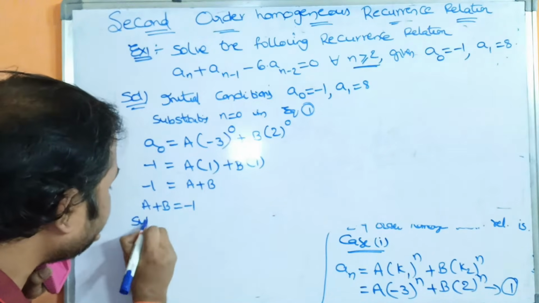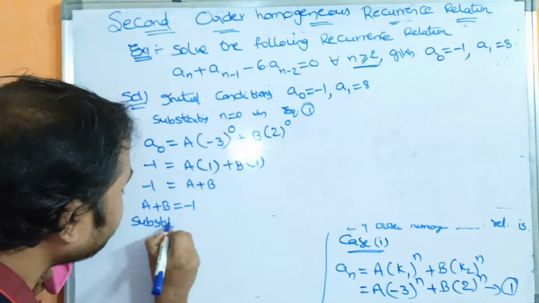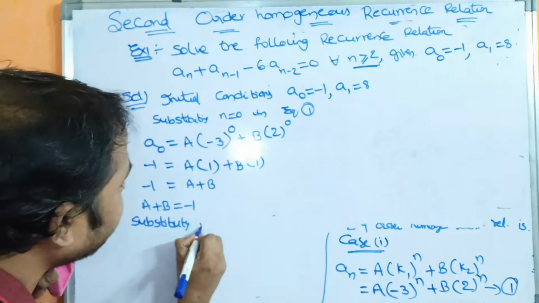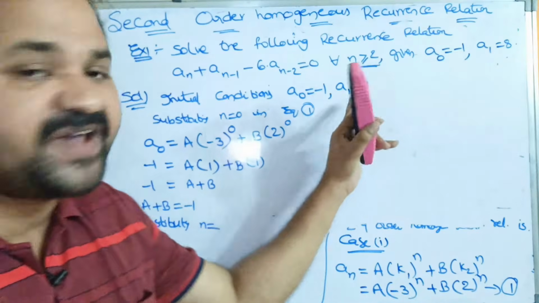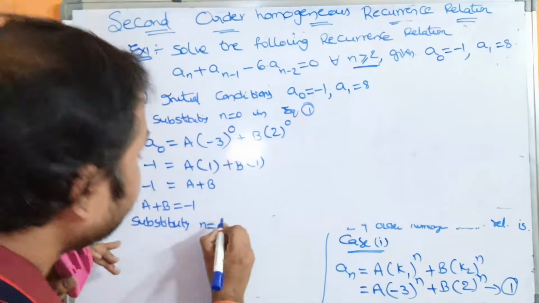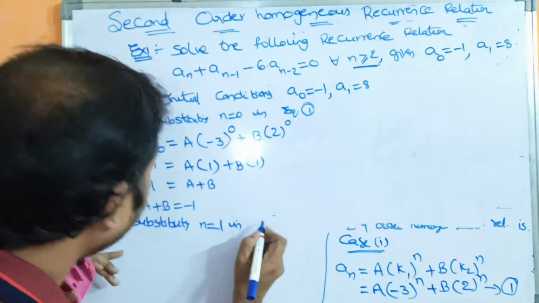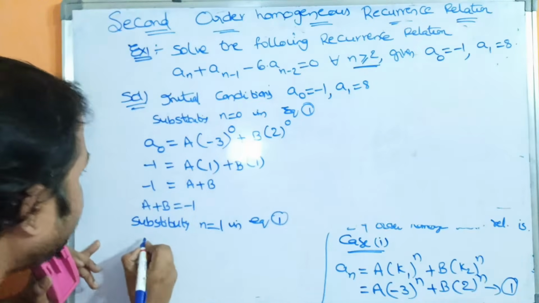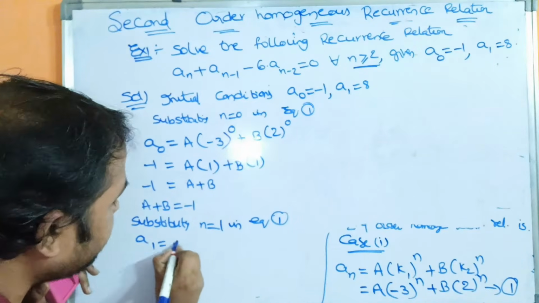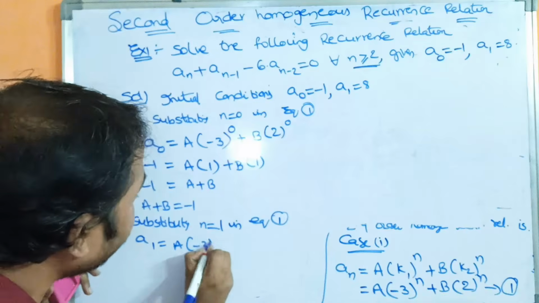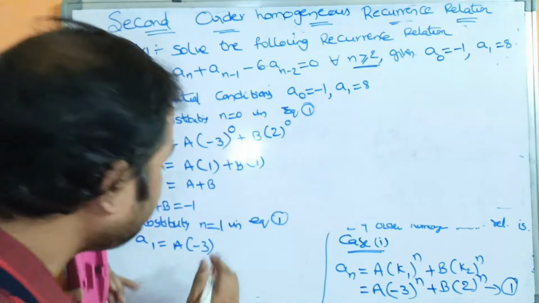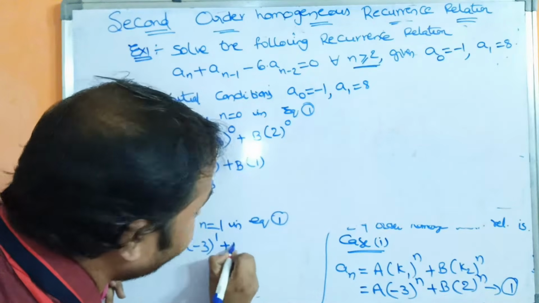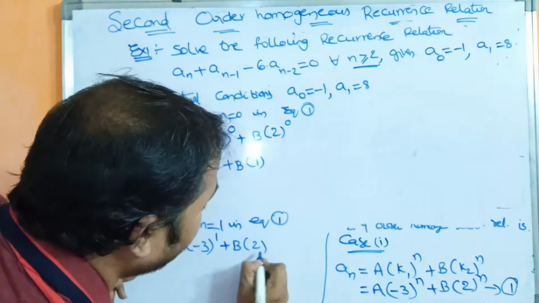Likewise substitute n is equal to, what is the next value? 1. Substituting n is equal to 1 in equation 1. Then we will get a1 is equal to a into minus 3 power 1 plus b into 2 power 1.